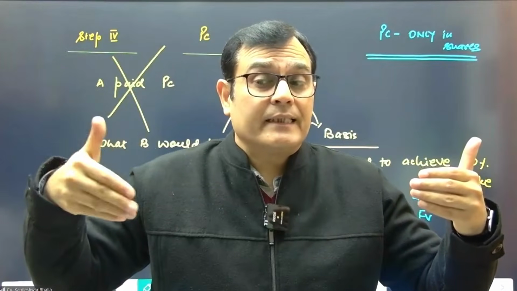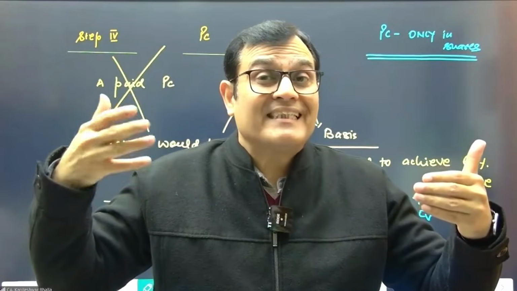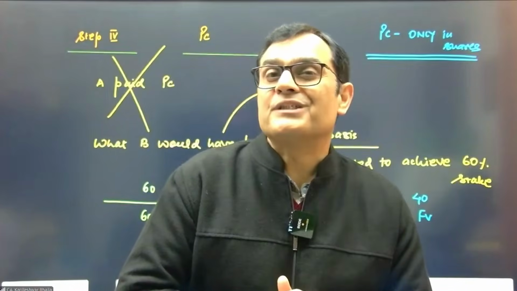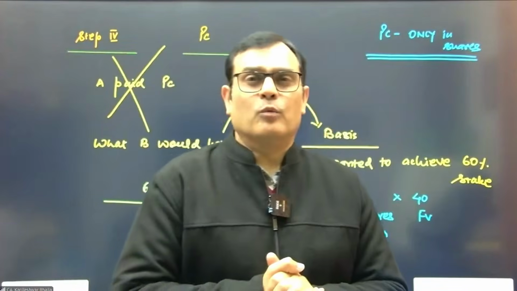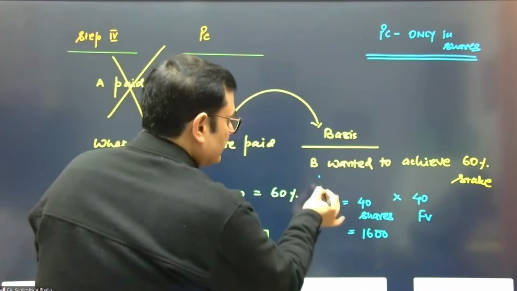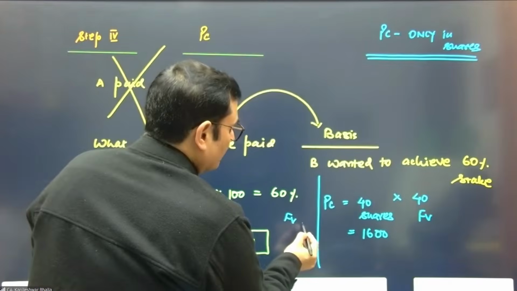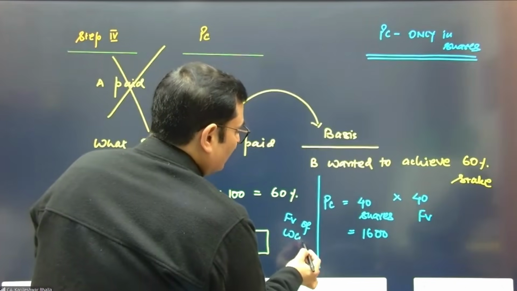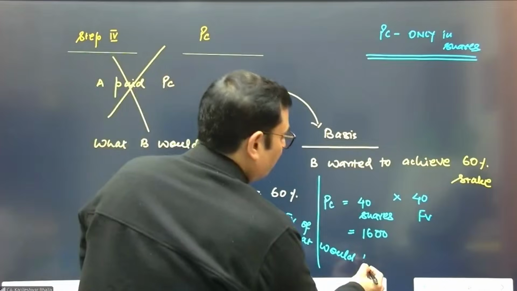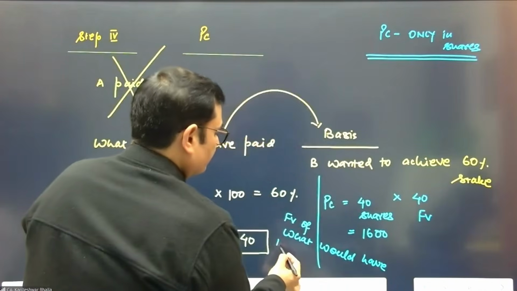You should see that by paying this, what does he get? So the PC is the fair value of what you receive, not the fair value of what you pay. So the standard says this is, you can say, the fair value of what would have been issued.